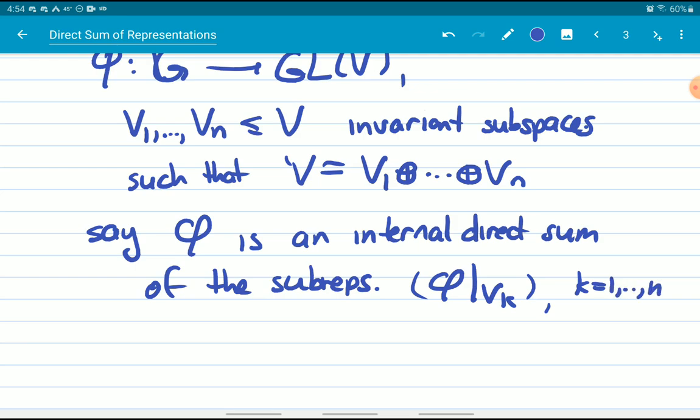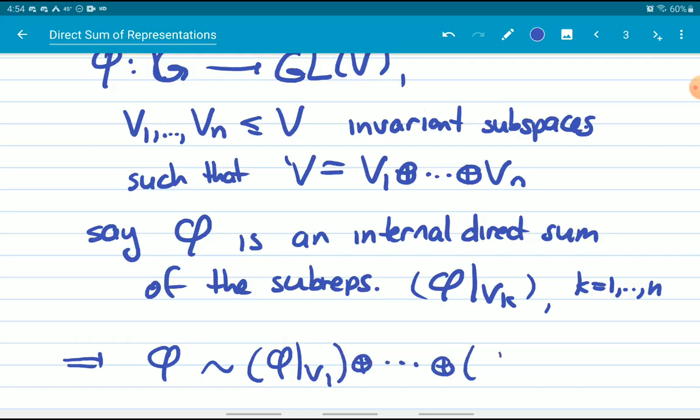This language is more or less straightforward. It's similar to the way we've talked about groups. As a consequence, phi will be equivalent to the external direct sum of those subrepresentations.